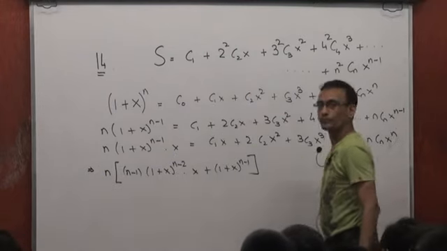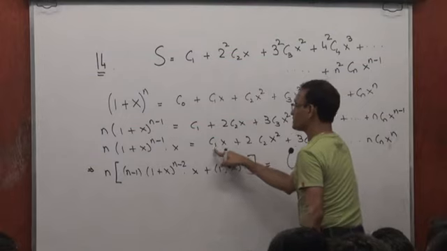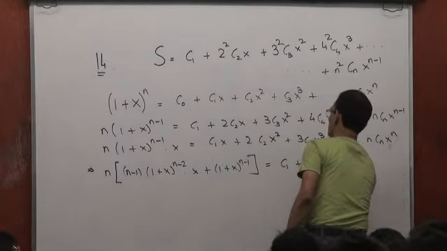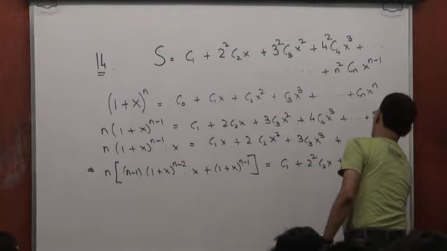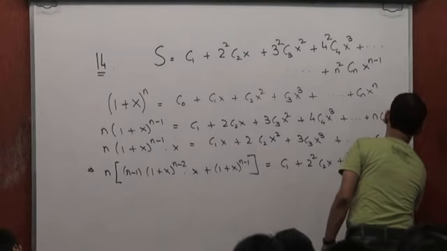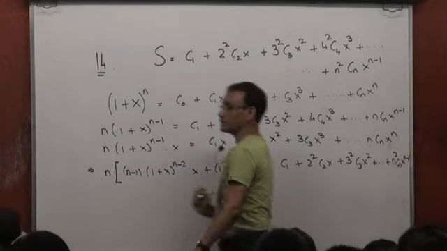Which then must be C1 plus 2 squared C2x plus 3 squared C3x squared plus n squared Cn x power n minus 1.